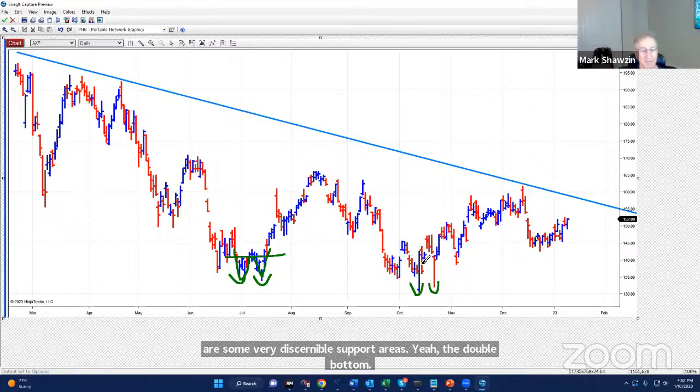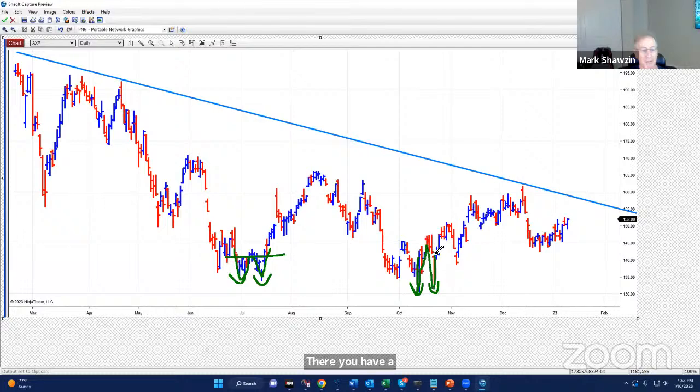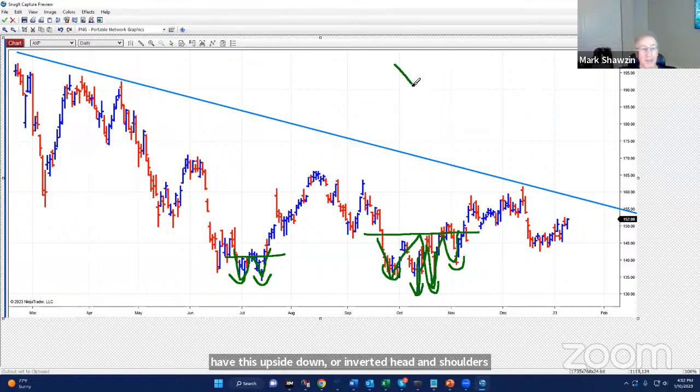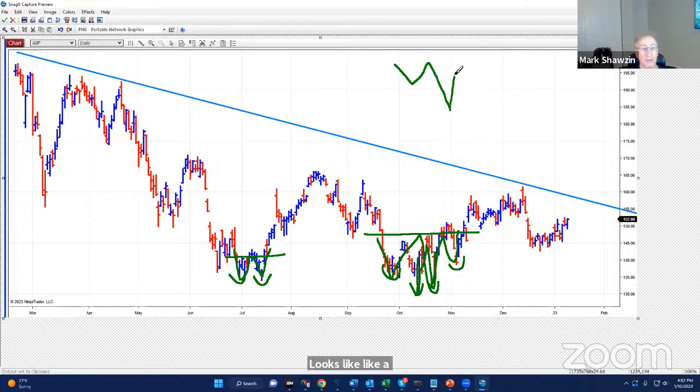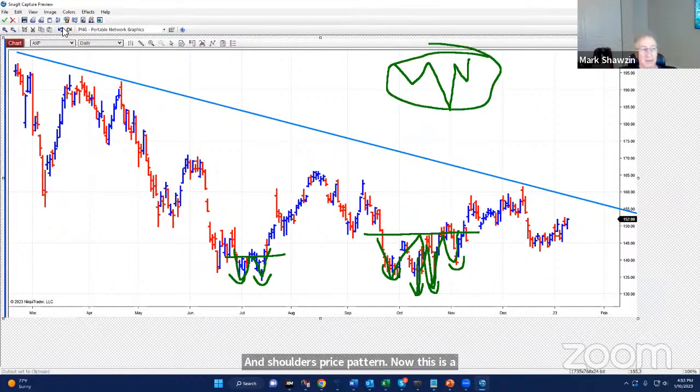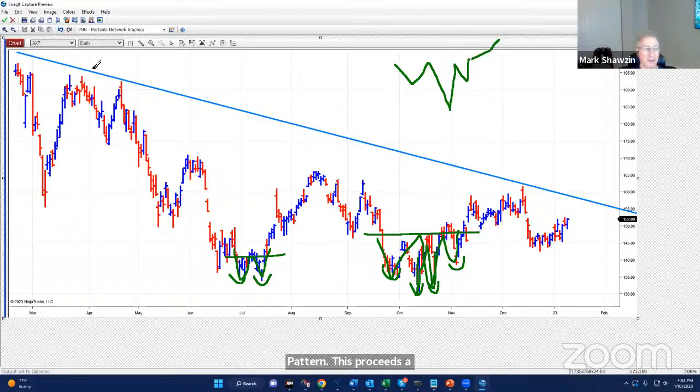You have a huge double bottom here. And then you have this upside down or inverted head and shoulders. It looks like a man or woman's shoulders just upside down, so it's called an inverted head and shoulders price pattern. Now, this is a bullish price pattern. This precedes a market that goes higher.